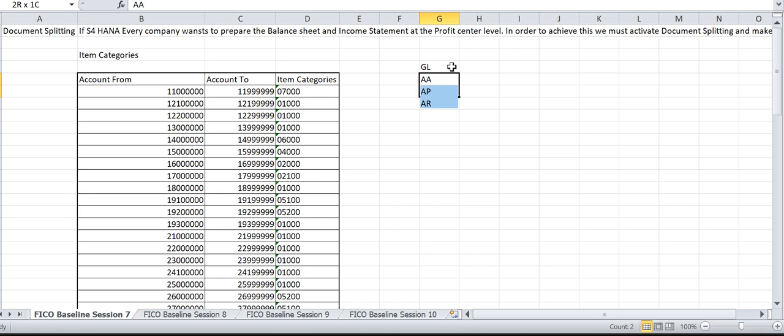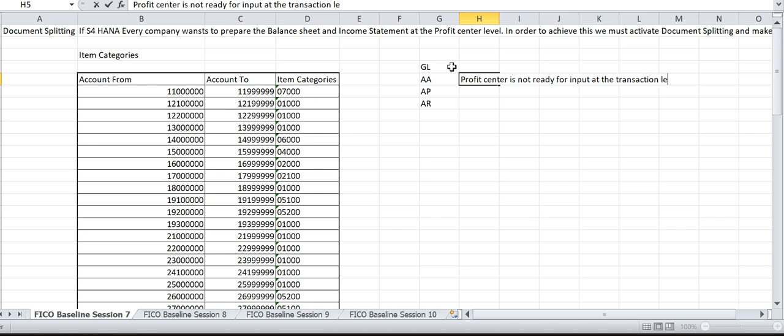For these three sub-modules, the profit center is not ready for input at the transaction level. This applies to all.